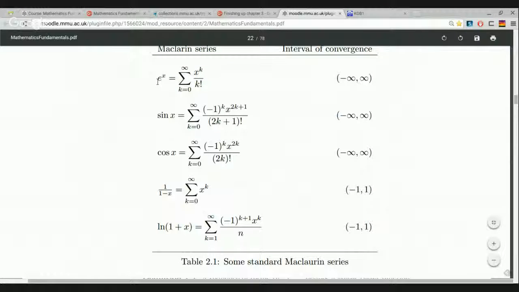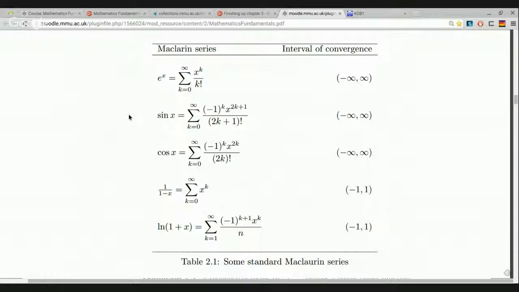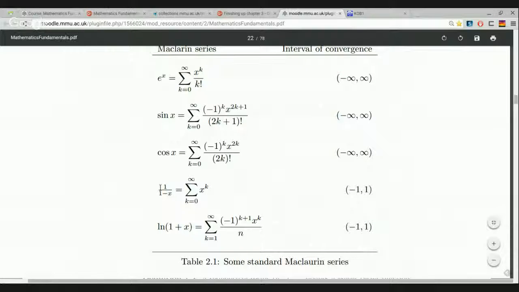So these are some common familiar functions here. An exponential, trigonometric functions, sine and cosine. This reciprocal function, 1 over 1 minus x, which is a particularly nice, simple Maclaurin series. All the coefficients of x to the power k are 1. And then here's the logarithm function as well.